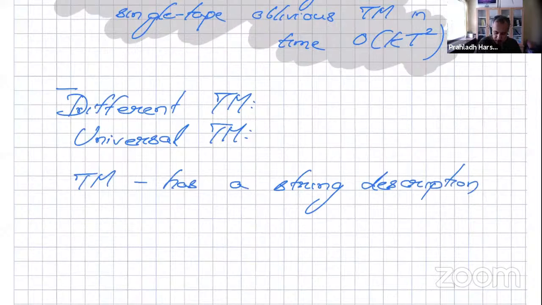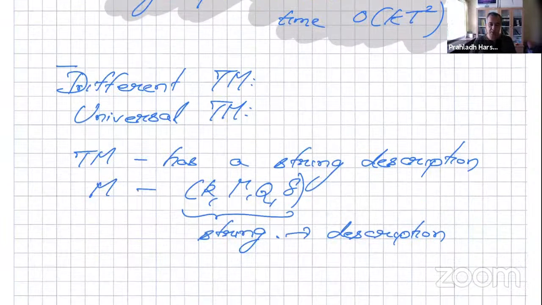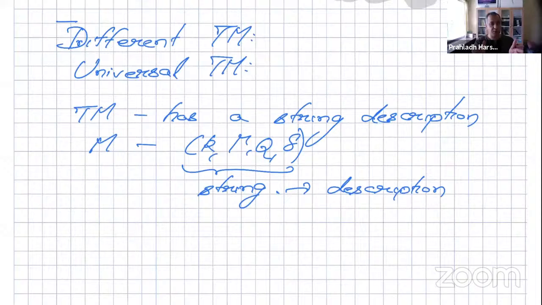This is exactly what we did. Machine M, we described it as K, gamma, Q, delta. So this is a string, a description of the Turing machine. In some sense, it's like the description of the program that you want to run. So you give me this description and I want to run this program on a particular input.